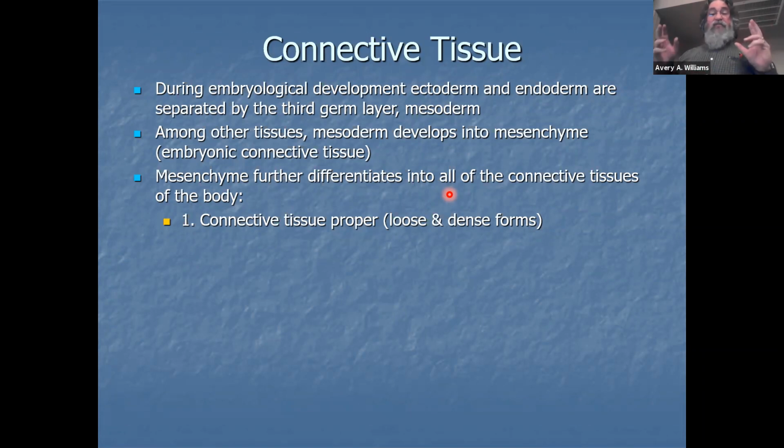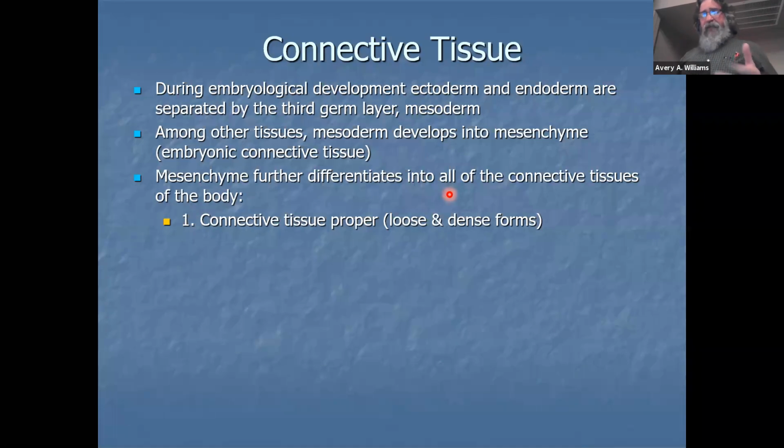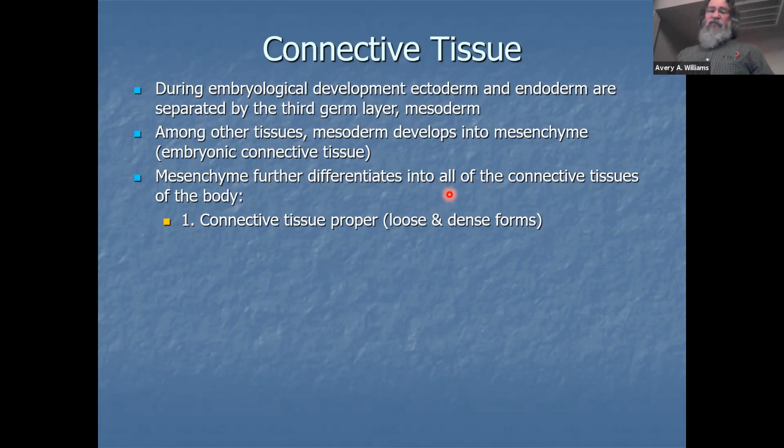Now, of connective tissue proper, there's 2 forms. There's loose and dense forms. What does that mean, loose and dense? Well, we're referring to the makeup of the matrix, the extracellular material that's in there. It'll have sparsely distributed, scantily spaced structures.